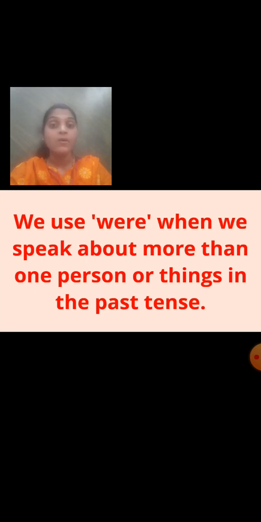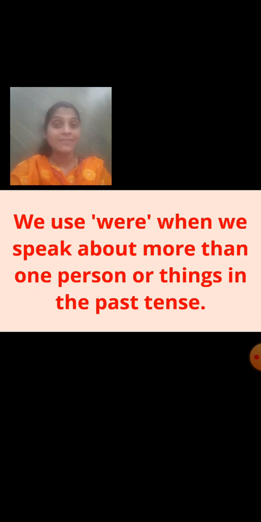Now you have got a clear idea of when we use was. When we are talking about one person, that time we use the word was. But when we are talking about more than one person or thing, that time we use were in the sentence.